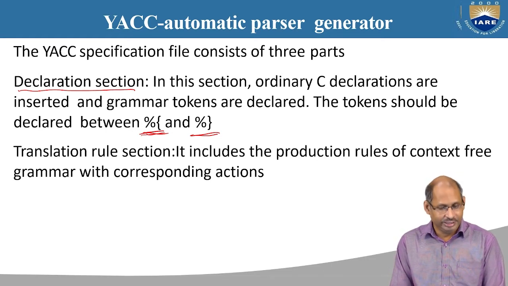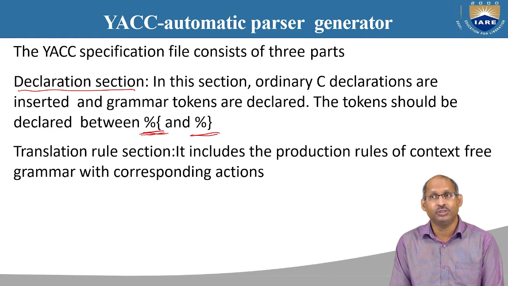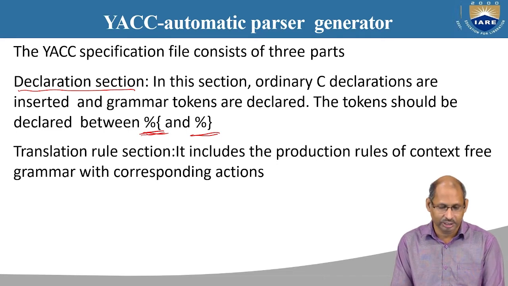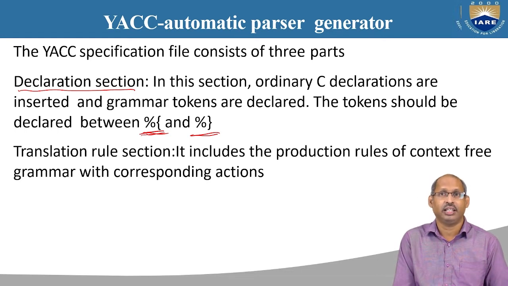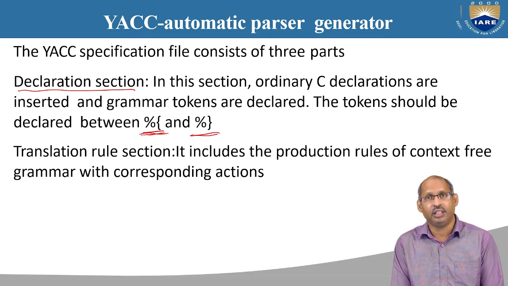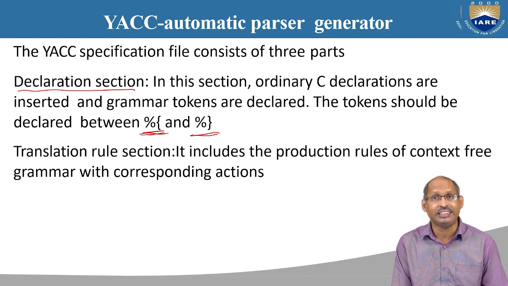Okay. The second one is the translation rule section. It includes the production rules of the context-free grammar with corresponding actions. Right? The second part of the YACC input file is the translation rule section.